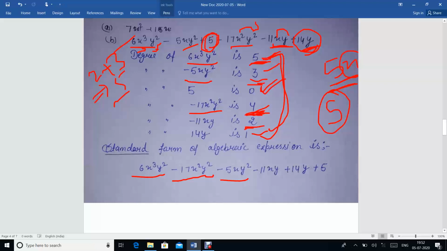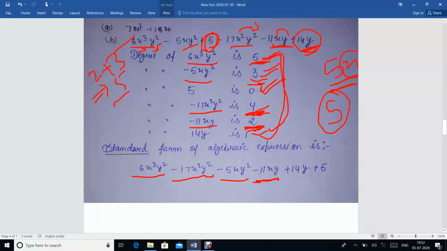The next is 2. 2 is less than 3. Degree 2 is contained in the term minus 11xy. So at the next position you have to write minus 11xy. Please note the sign.